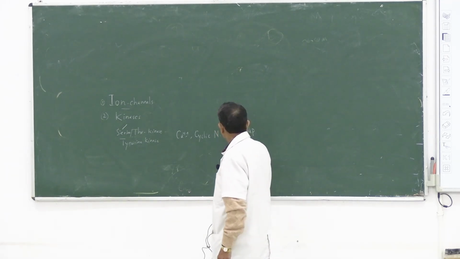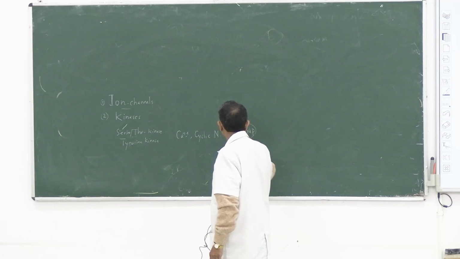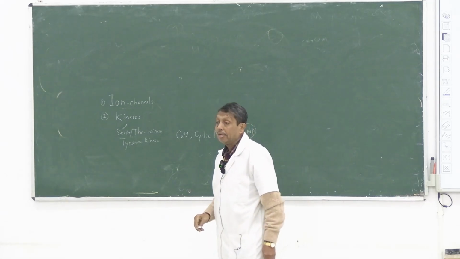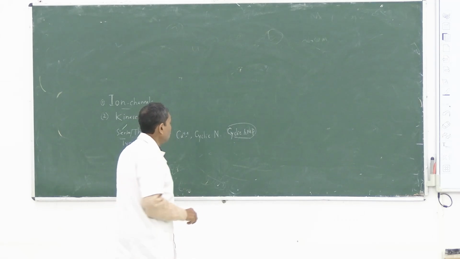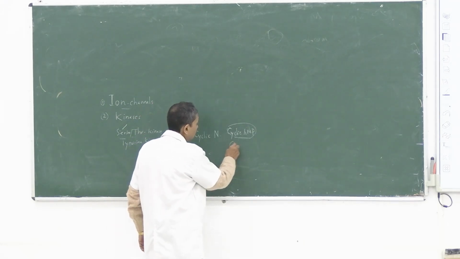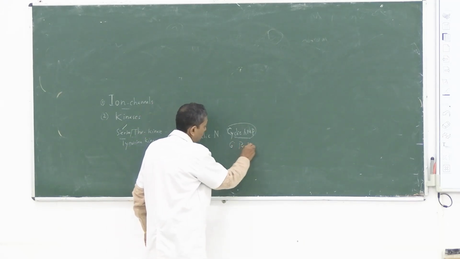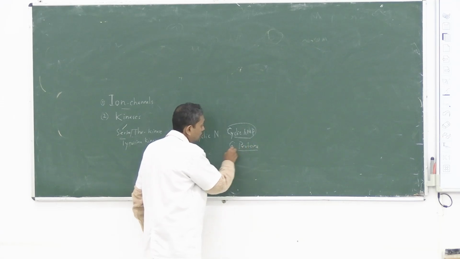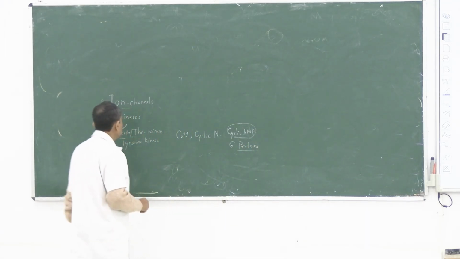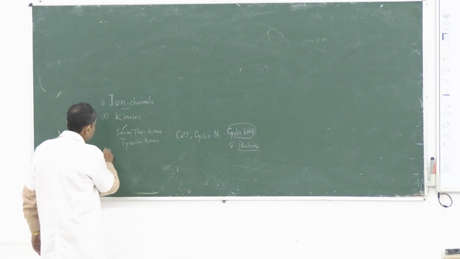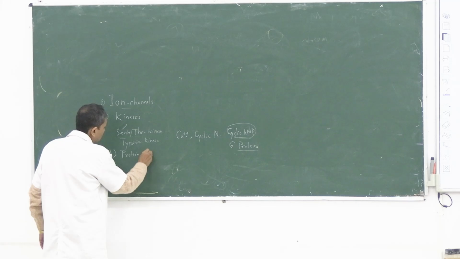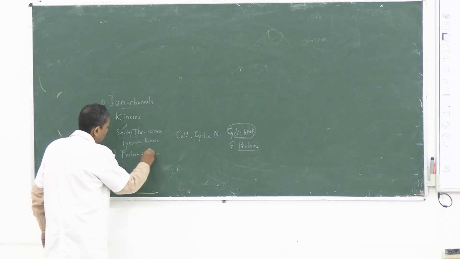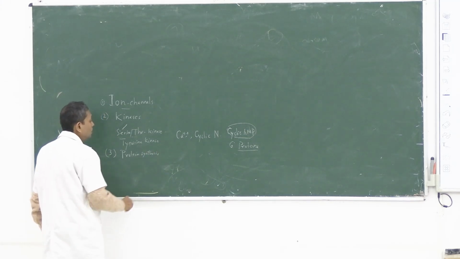Now we can discuss how cyclic AMP is produced and how it has its effect. In this connection we have to deal with G proteins. And third important is protein synthesis, stimulation or inhibition.